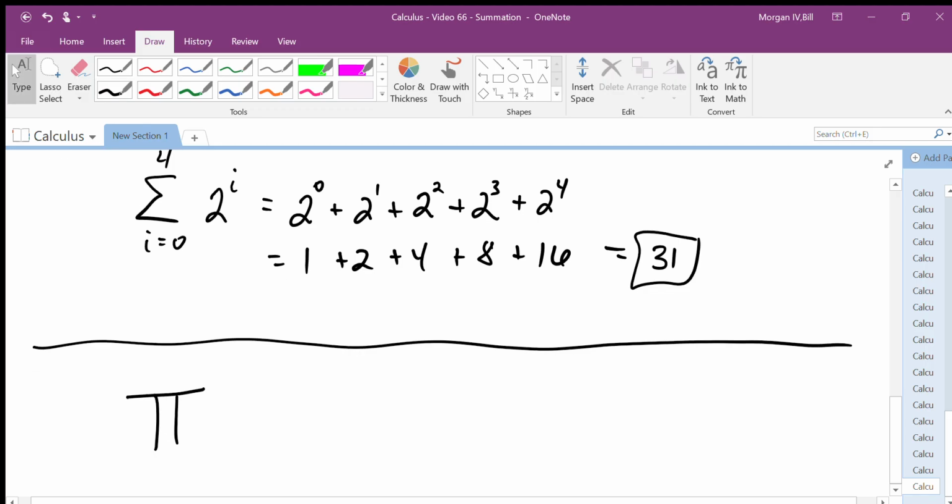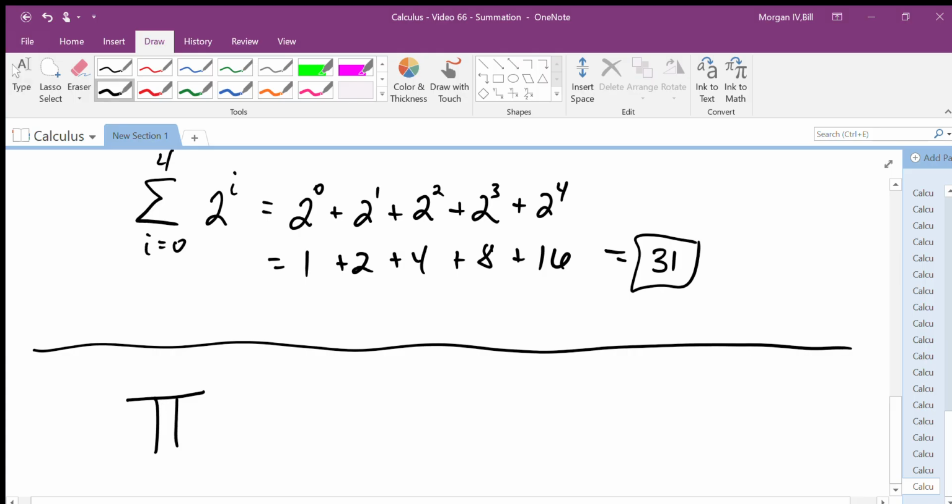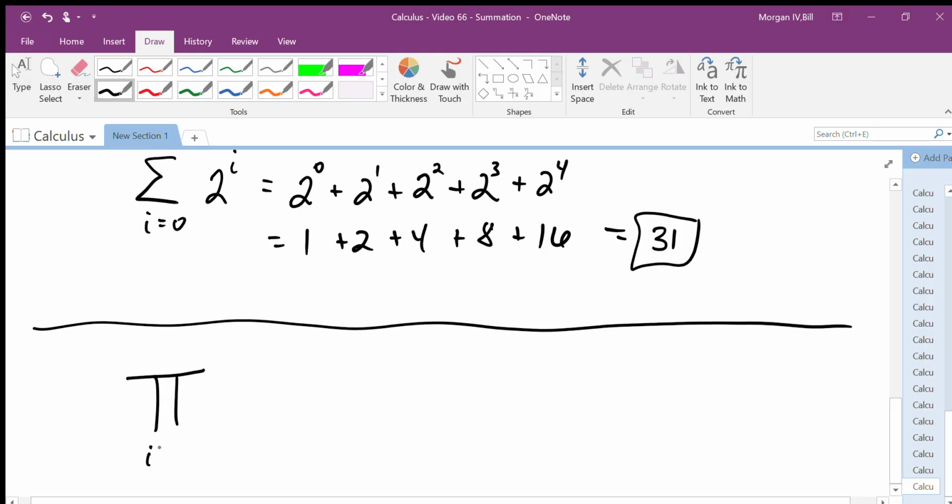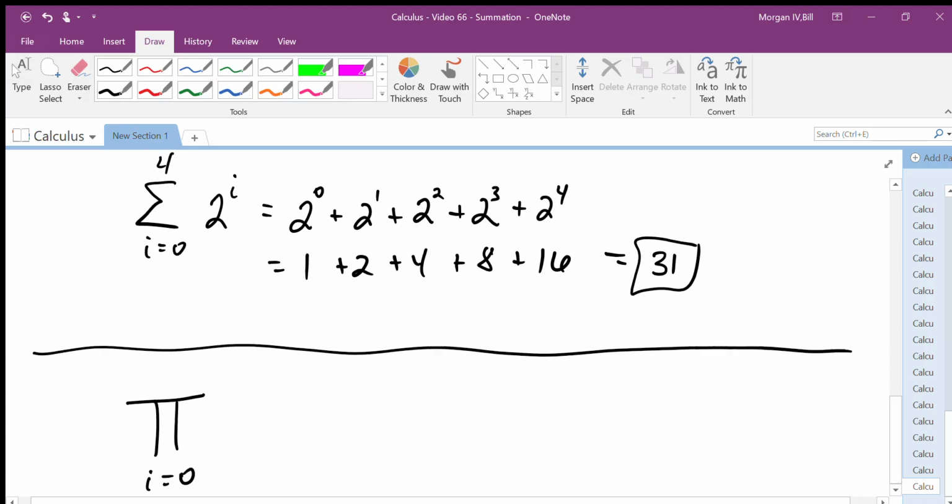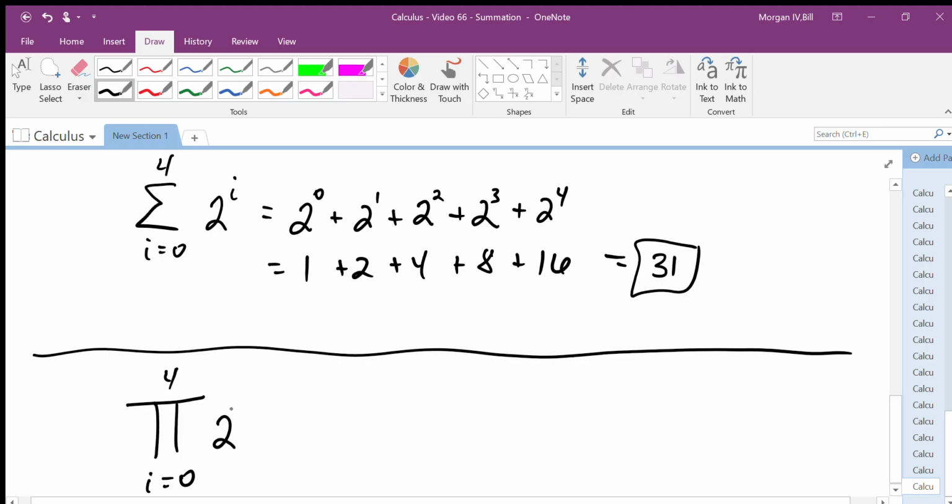We like to use the same symbols for multiple things in math. If I were to say pi of i equals 0 to 4, 2 to the i, it's the same terms, 2 to the 0, 2 to the 1, 2 to the 2, 2 to the 3, 2 to the 4, but now, instead of summing those things, we multiply those things.